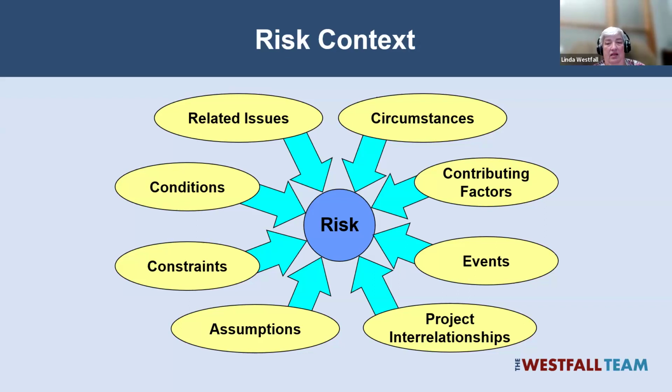That's going to impact the probability I get my reward. The circumstances, contributing factors. Maybe my product is higher reliability than everybody else's. Maybe mine has a better user interface. Maybe it takes into consideration people with handicaps or other disabilities that would create a niche market for my product.